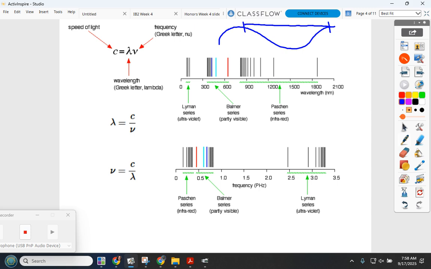The whole point is just to point out that wavelength and frequency are inversely related. When we plot these out on a frequency chart instead of a wavelength chart, it's the same thing, just flipped around. You can see our infrared series here, our visible series shown with the colors that we can see in the spectroscope, and the ultraviolet series over here.